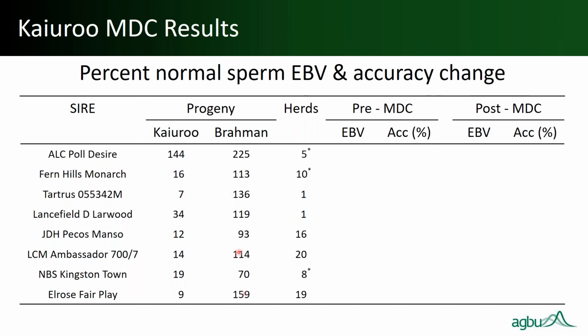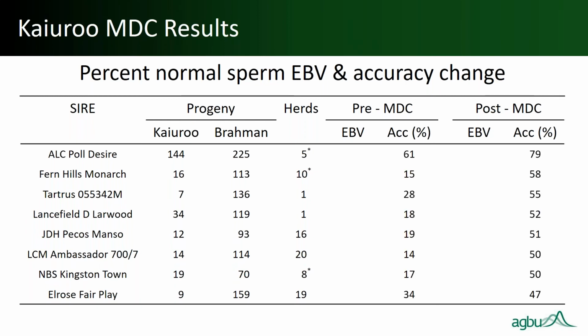But interestingly, and very much targeted, those bulls also had progeny out in the greater Brahman industry, from bulls used only at Kairu to bulls used in 18 other herds.